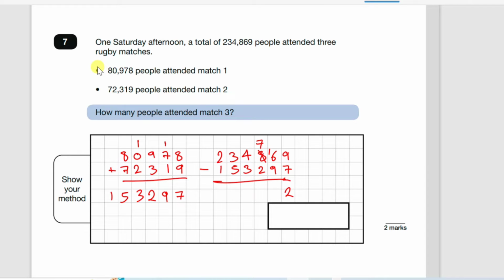That's 16 now. 16 take away 9 should give us 7. 7 take away 2 is 5. This is 1. 3 take away 5 you can't do, so borrow here. Becomes 13. So 13 take away 5 is 8. 1 take away 1 is nothing. So it should be 81,572. Wow. Whew. This one was definitely intense. So as you know, as always, guys, checking is very important, yeah.